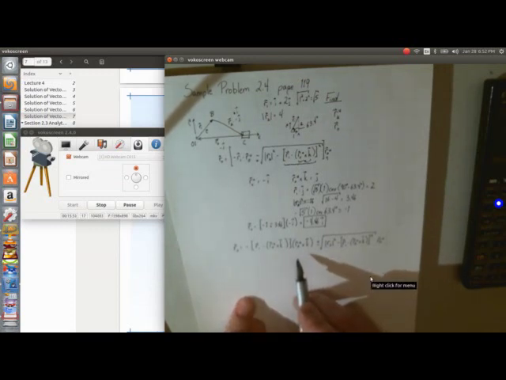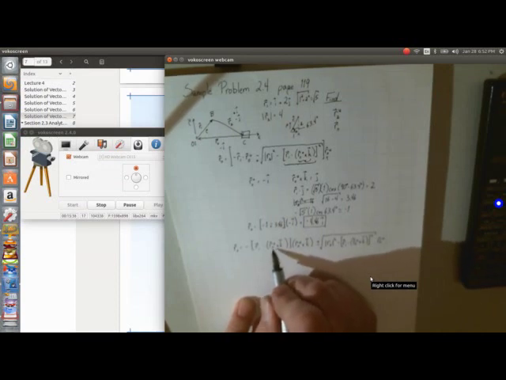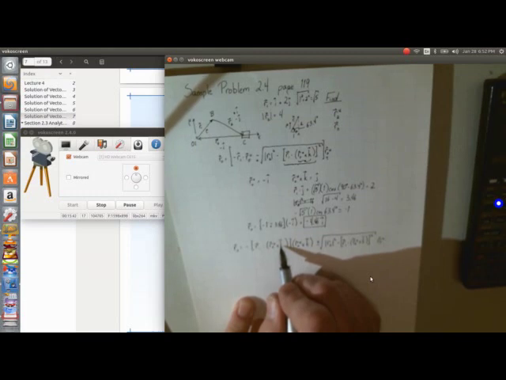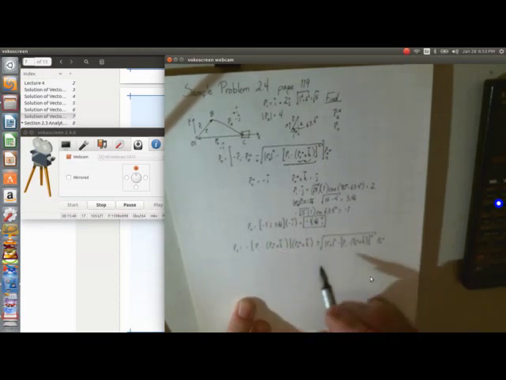If you work through this, what you'll find is that RU cross K is the same thing we had before. So this is just J. R1 dot J ends up being 2. We already have that.